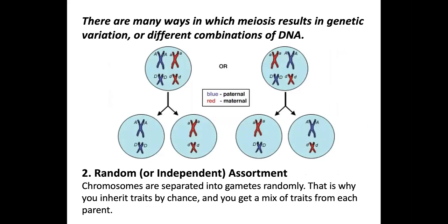Chromosomes in this case are separated into gametes randomly. So it is by chance, not by choice. That is why you inherit traits by chance, because you get a mix of traits from each parent. You can't say, hey, I want this trait from my mom and this trait from my dad. It happens all by chance.